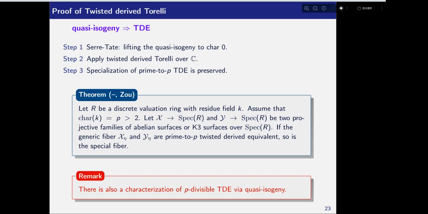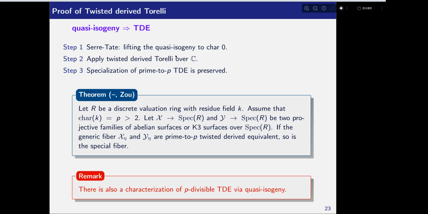The problem for K3, currently, is that there are two ways. Either you prove some nice global Torelli theorem, or you lift to characteristic 0. And the problem is we don't know how to lift to characteristic 0 at the moment, just directly lifting to characteristic 0.